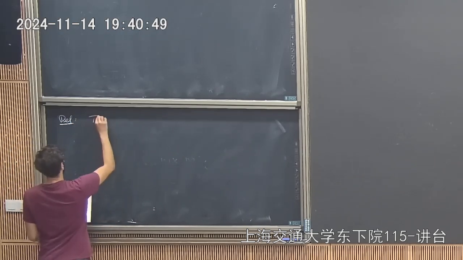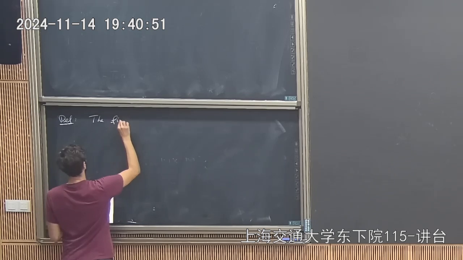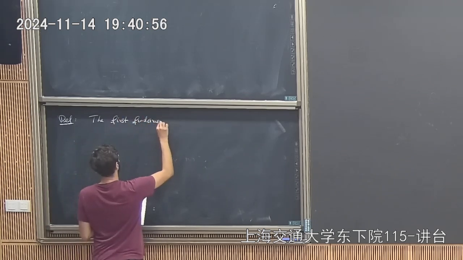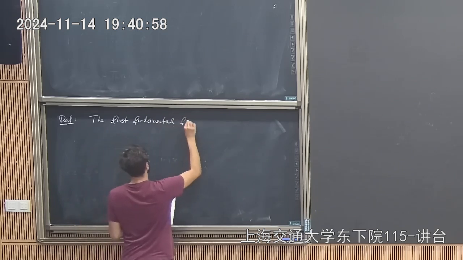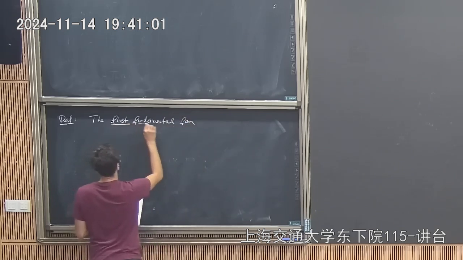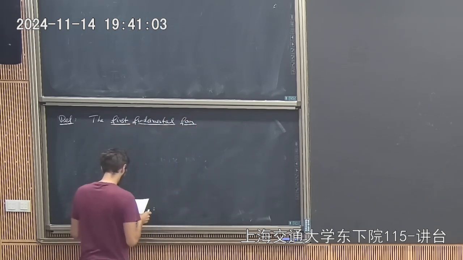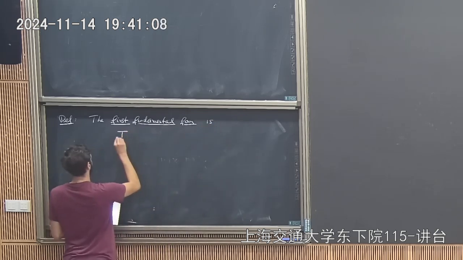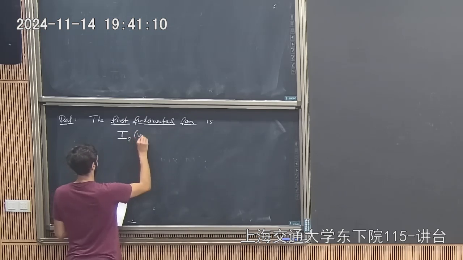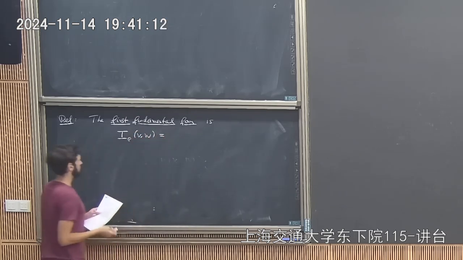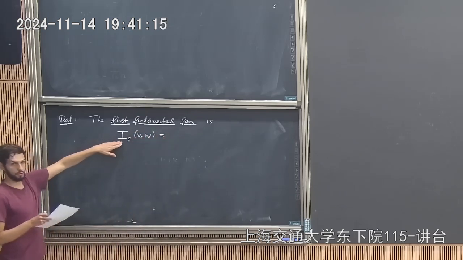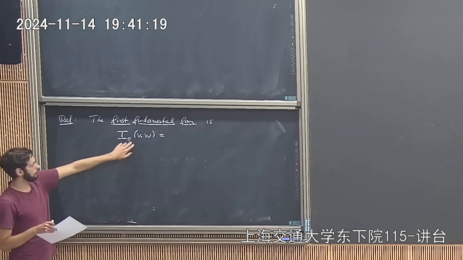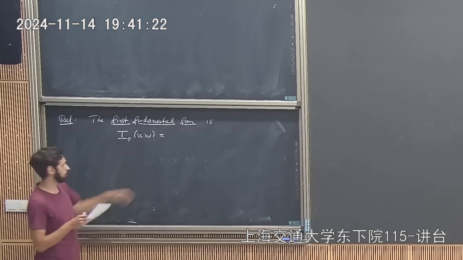The first fundamental form, written I, just the Roman numeral 1, takes a point and then two tangent vectors at that point.